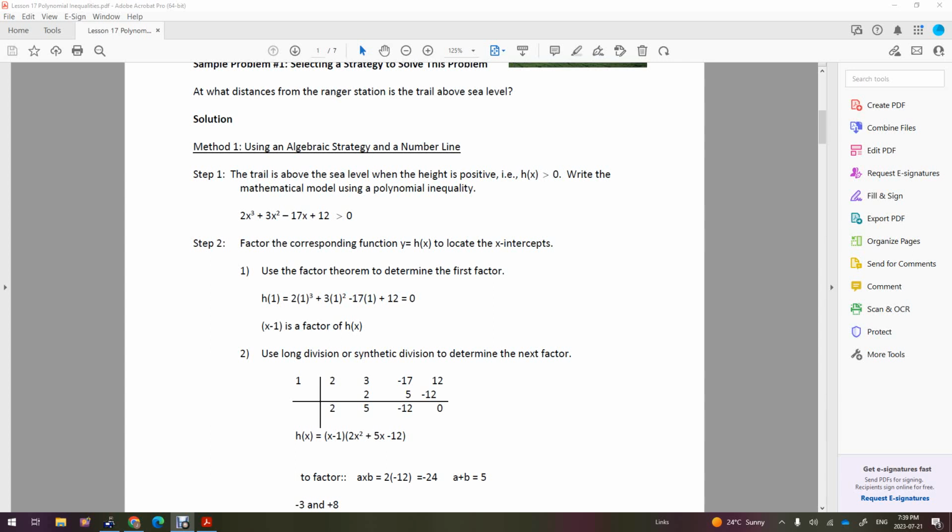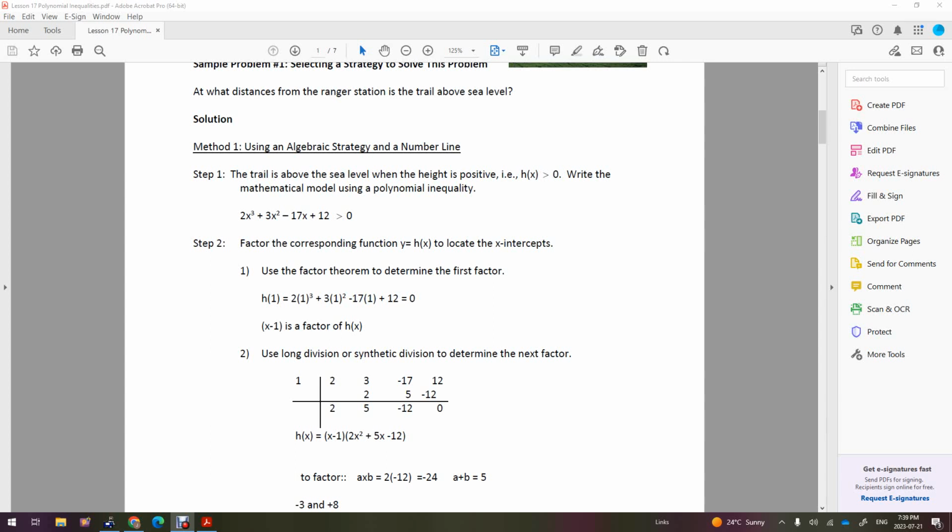Step number 2. Factor the corresponding function y equals h at x to locate the x-intercepts. In step 2, use the factor theorem to determine the first factor. That means we're going to try h at 1.